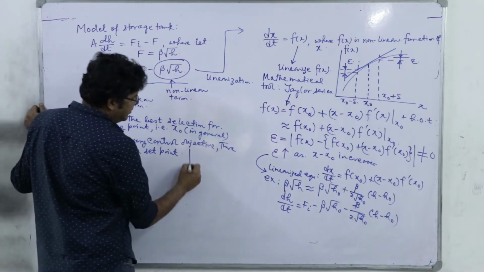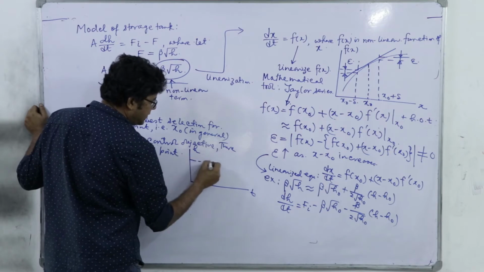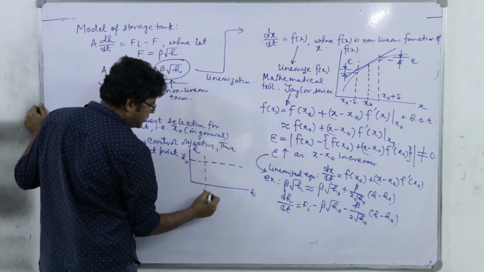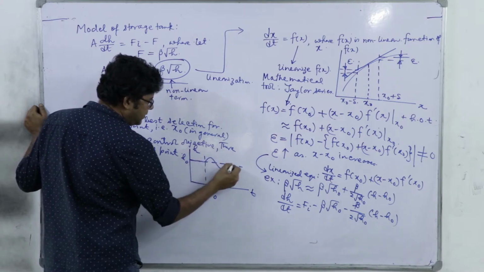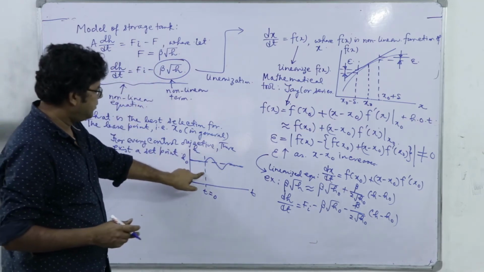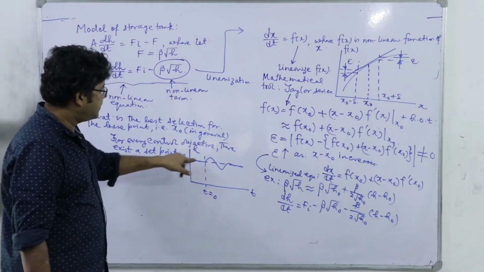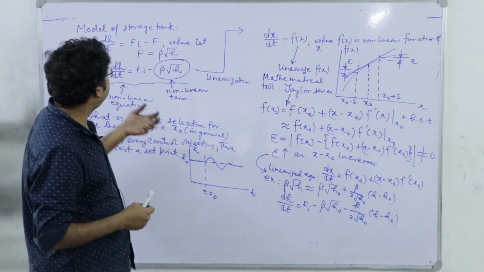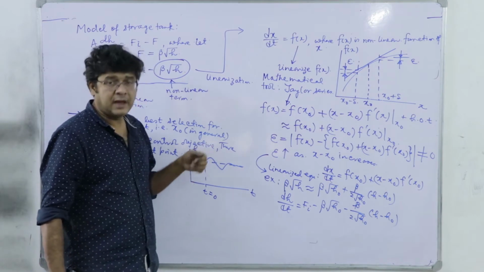So our random dynamics of this H versus T may be like this. This is H naught, this is T naught, T equal to 0. Previously, at t less than 0, it was at H naught. That means it was at the set point. Now, because of some disturbance, maybe an increase in Fi, it shoots up.